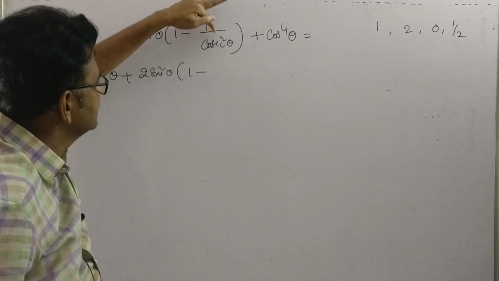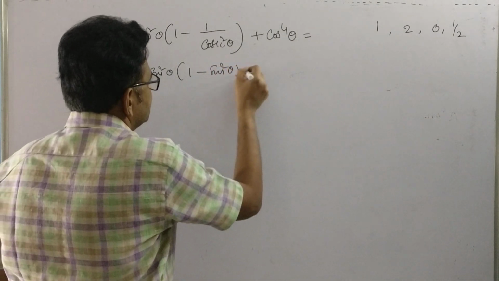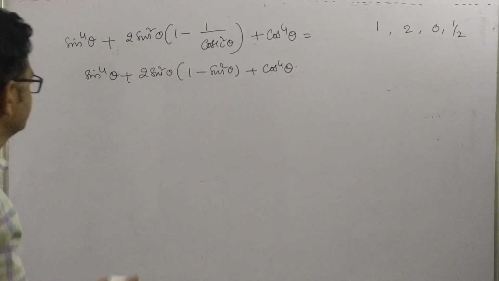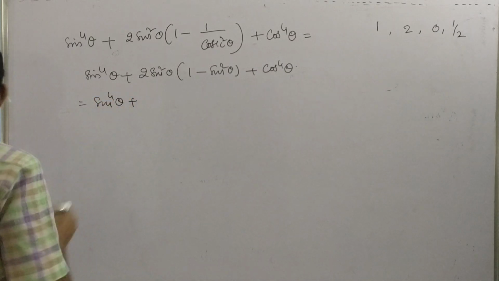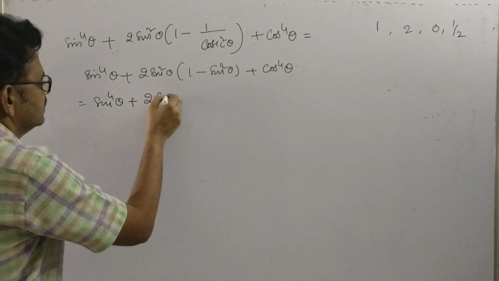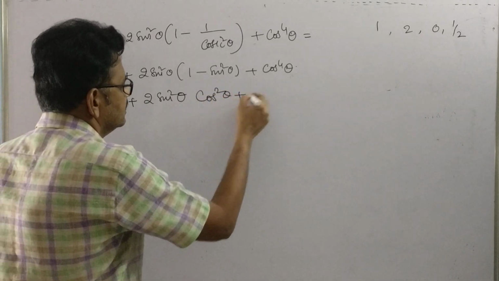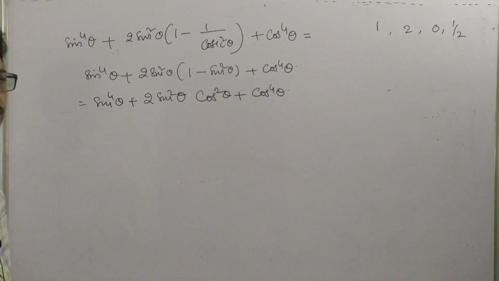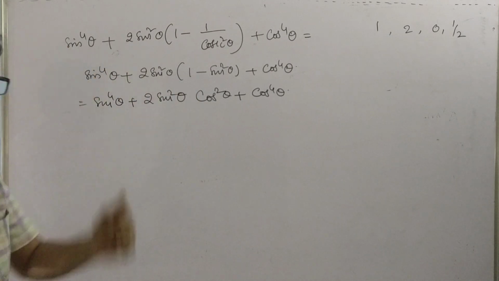So this is 1 minus sin²θ, which is cos²θ. So this is sin⁴θ + 2 sin²θ cos²θ + cos⁴θ. This is just like the a² + 2ab + b² form.